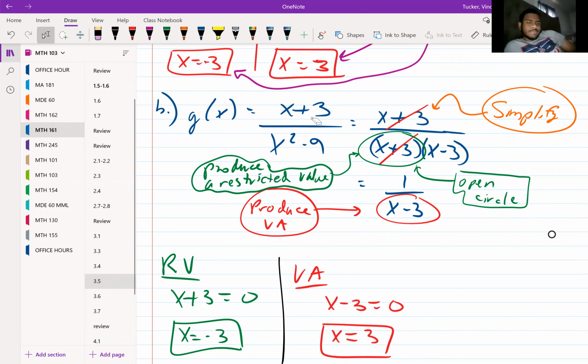So we see that x plus 3 gives us our restricted value, and then x minus 3 gives us that vertical asymptote.